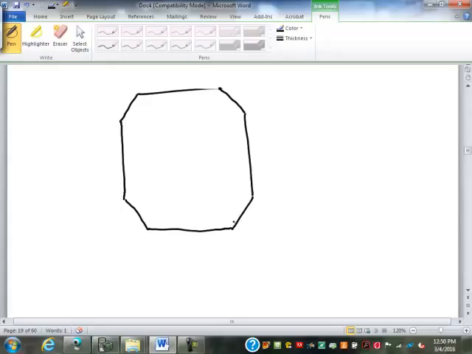Now in this variation, it looks like a square with the corners chopped off. But if you did it as a 12-sided figure, I don't think I'm even going to try to draw that.